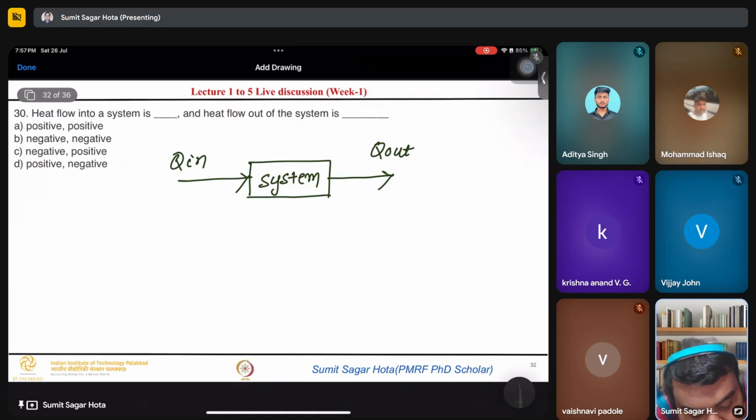When there is heat input to the system, it will be positive. And heat output from the system, or heat rejected, is always negative.